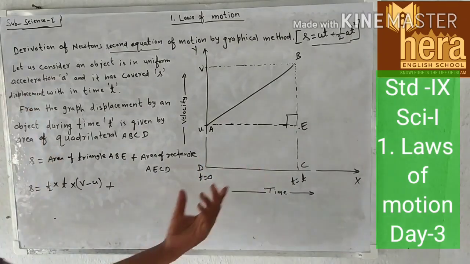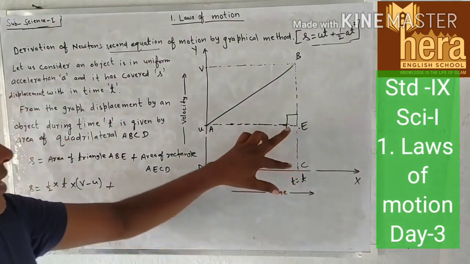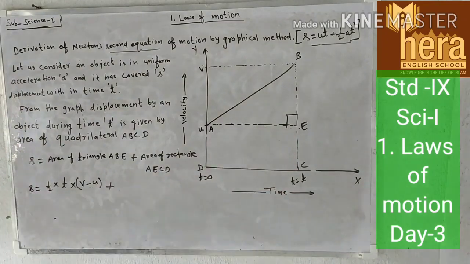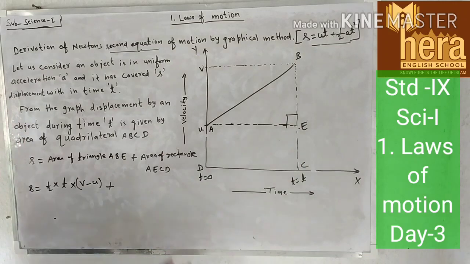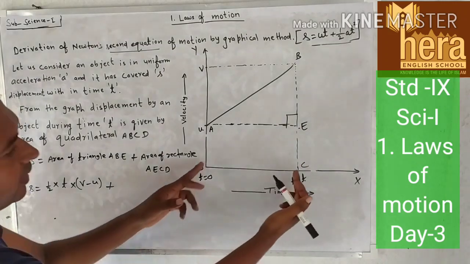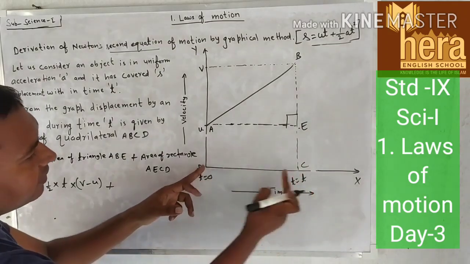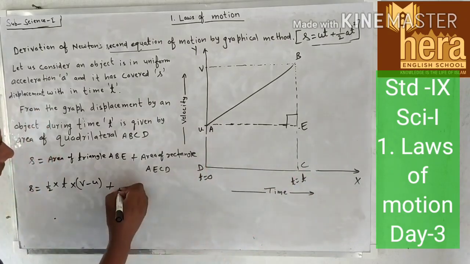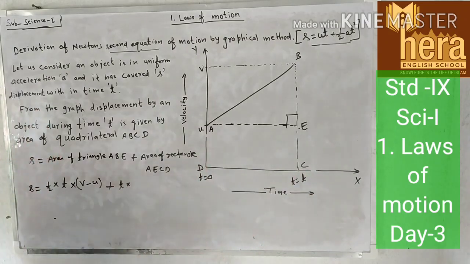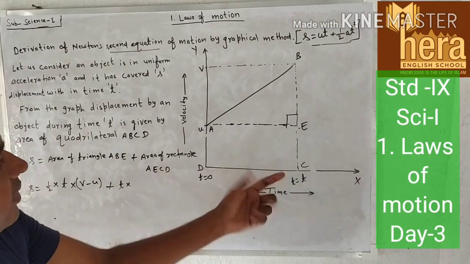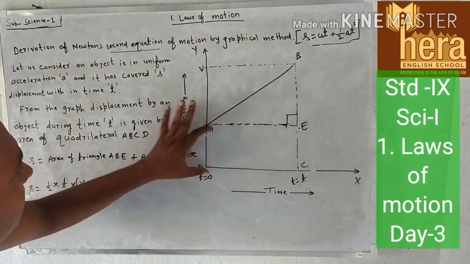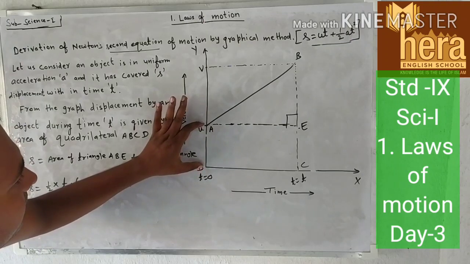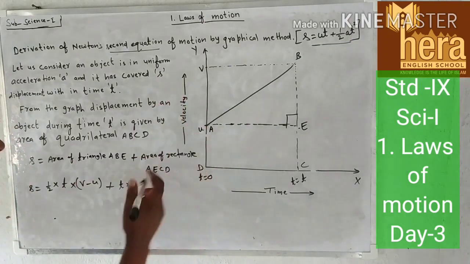The rectangle area is length into breadth, or length into width. Here the length is again t, and the width is u.